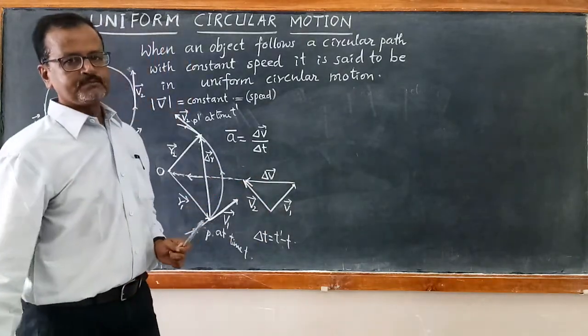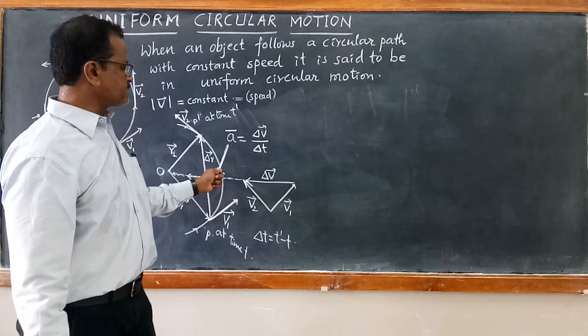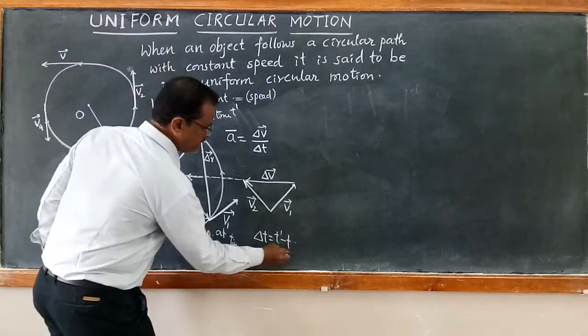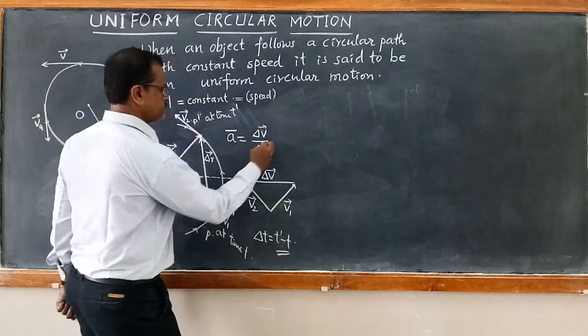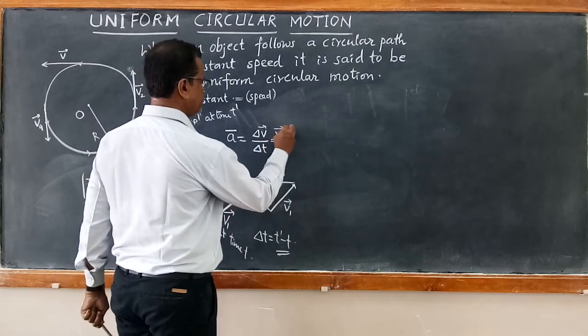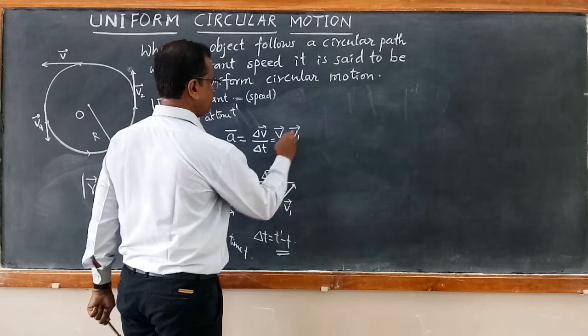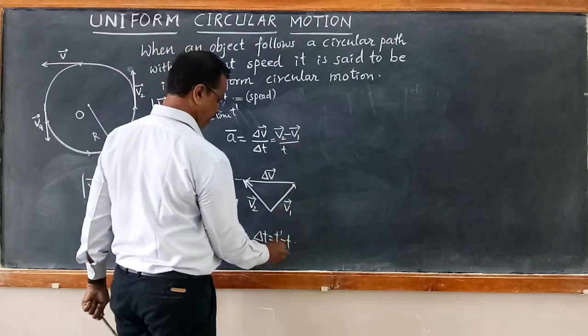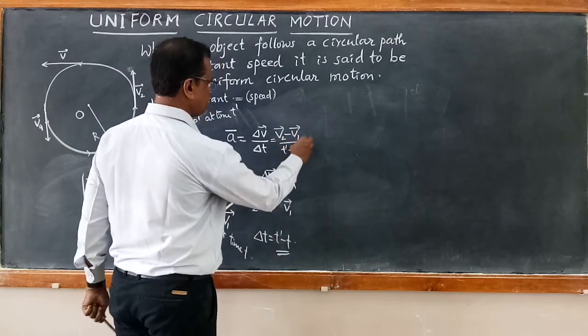This gives us the average acceleration for the time interval t dash minus t. You can write here v2 vector minus v1 vector divided by t dash minus t.